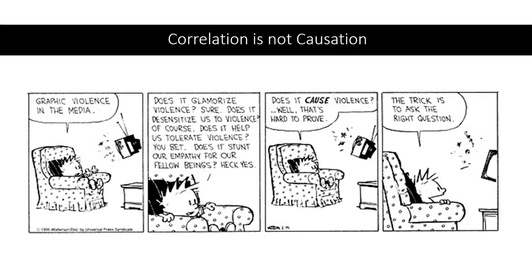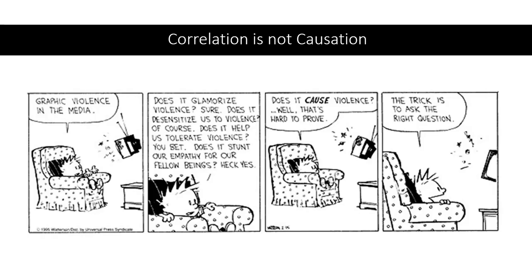But as this Calvin and Hobbes comic strip points out, there's always conversation about graphic violence in the media. Does it glamorize? Does it cause problems? Does it cause violence? And as the writer of the comic strip says, well, that's hard to prove. The trick is to ask the right question. And while this is meant to be funny, it's actually dead right.